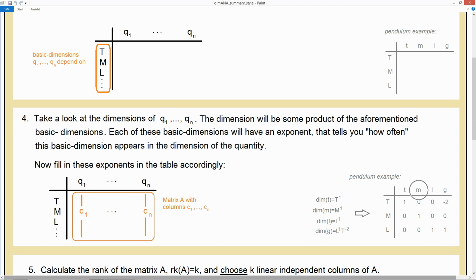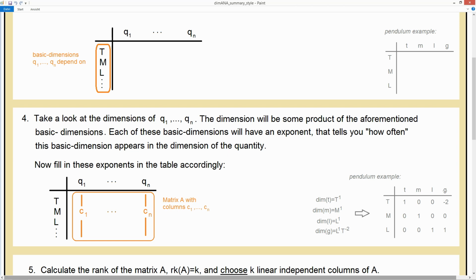When we take a look at small m, the dimension of small m is capital M to the power of 1, so we have 1 time mass, 0 time and 0 length. The same thing with small l.